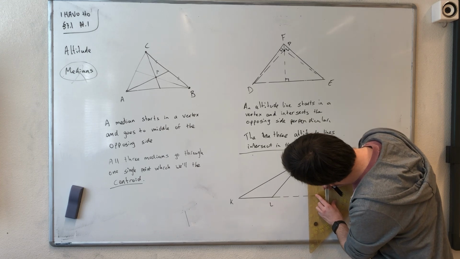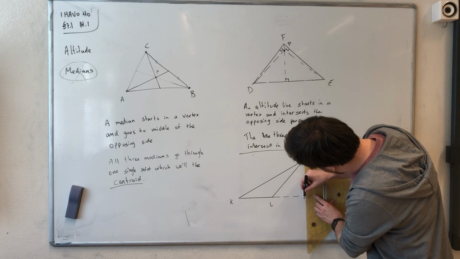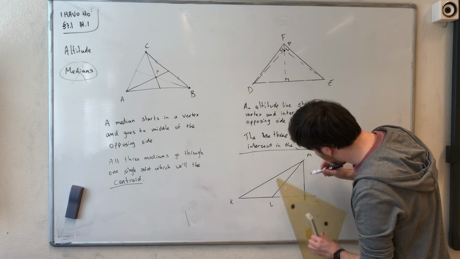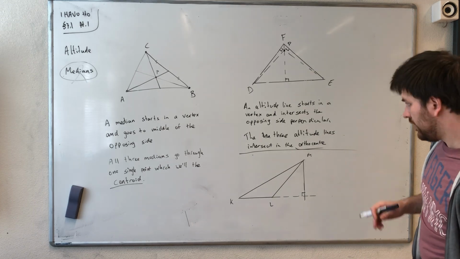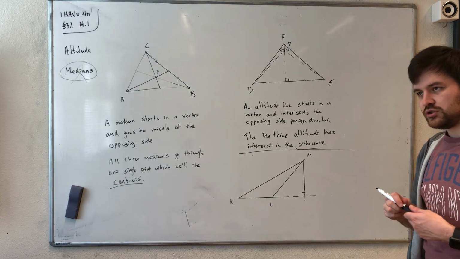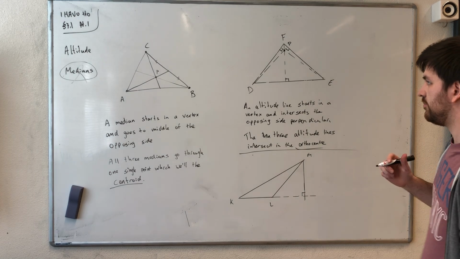And then we can draw the altitude line as well. So the altitude line basically goes through the extended part of KL. With these three examples, you should be able to manage to do most of the exercise in 7.1.